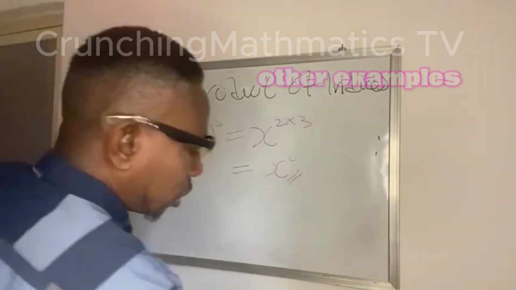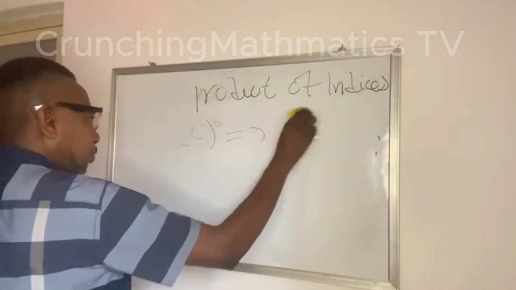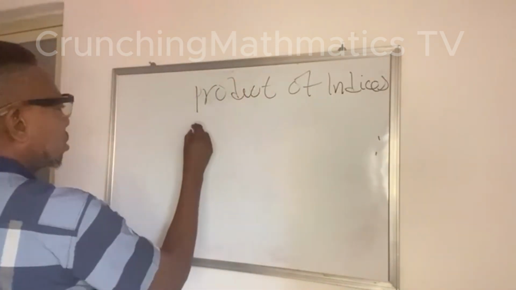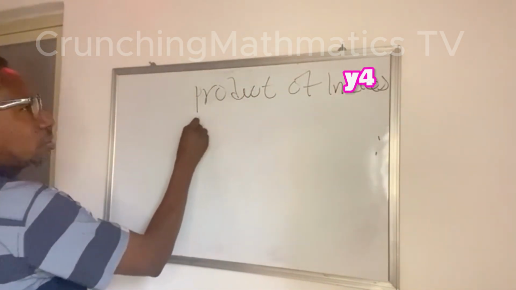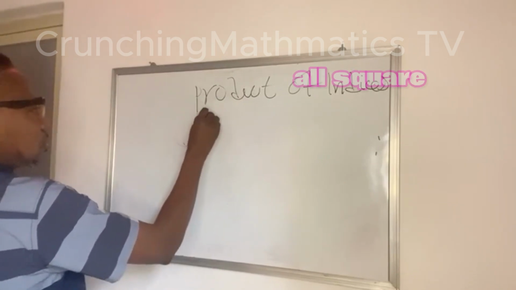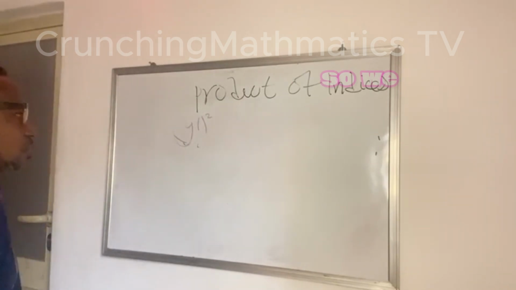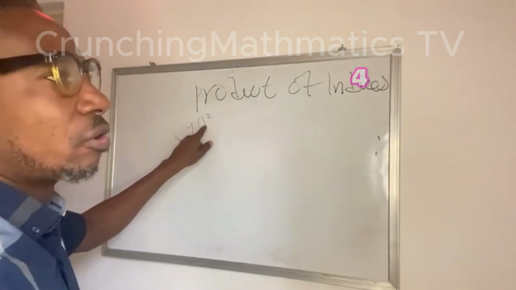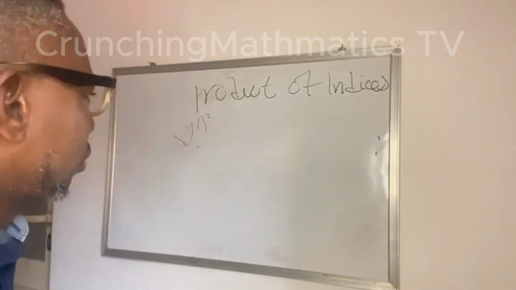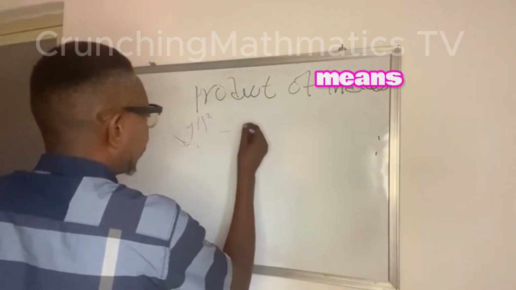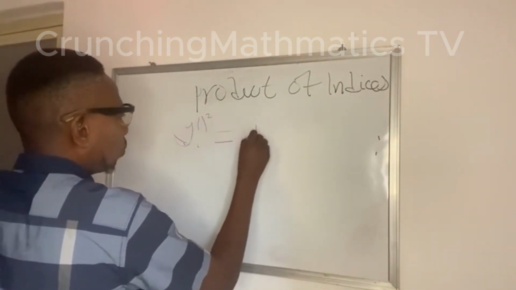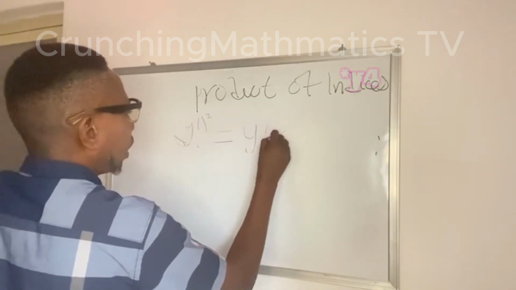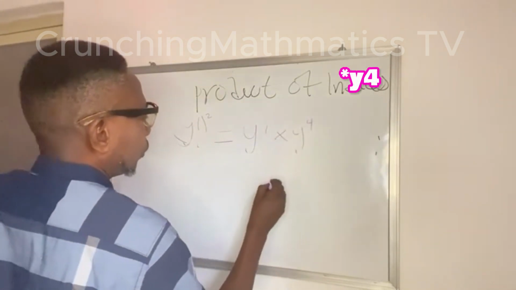Let's look at 2 other examples before we move forward. What if we have something like y to the 4, all squared, a power of a power? We have the value y, the exponent 4, and the exponent 2. This in turn means y to the 4 times y to the 4.